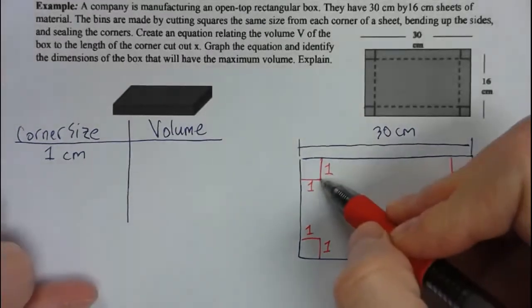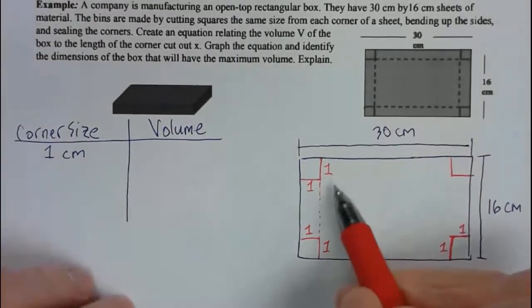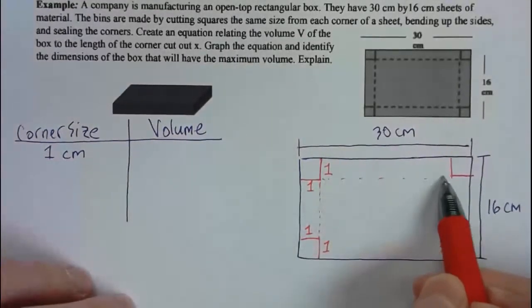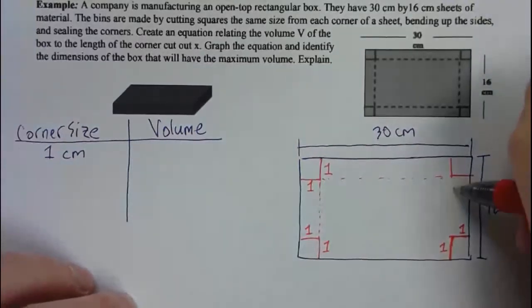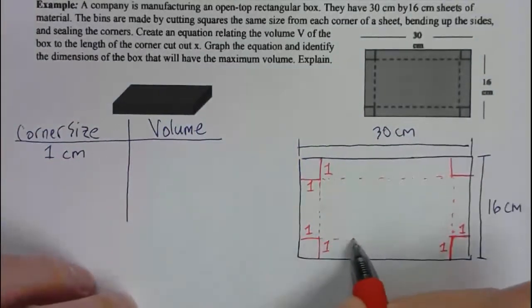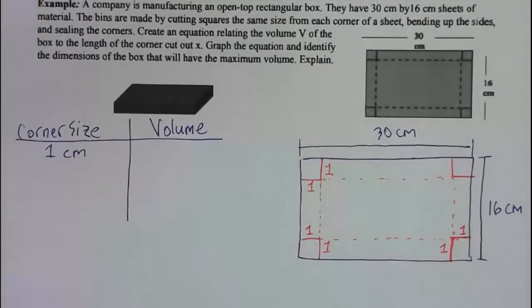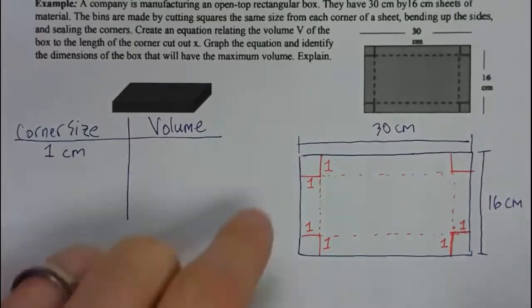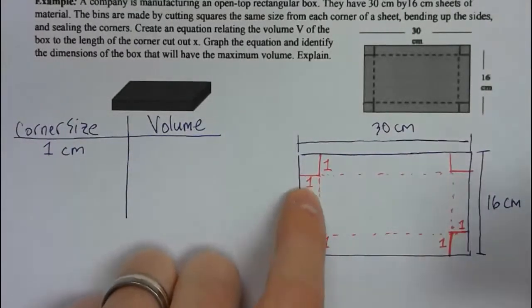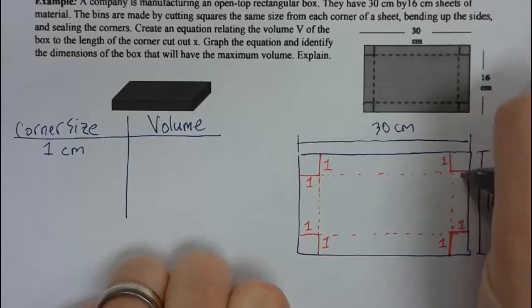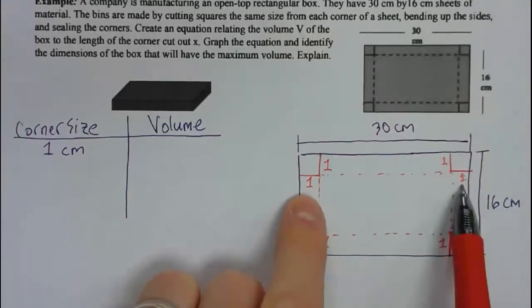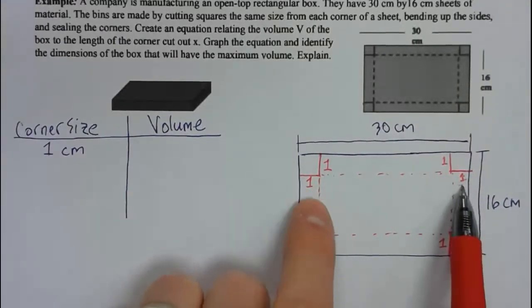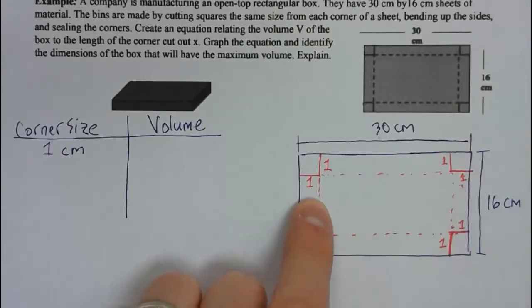Now the fold lines, these dotted lines, to make it into a 3D box, would be these dotted lines here. To figure out the actual volume, if I take away 1 on each side, so these are both 1, then taking 1 and 1 away from 30 gives me 28.